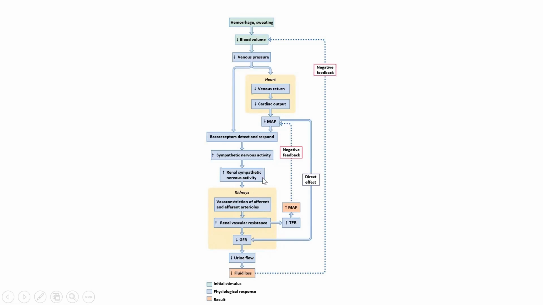So we're using the sympathetic nervous system, which would normally try to raise mean arterial pressure by sending sympathetic signals to all parts of the body, but specifically the signals that come to the kidneys cause vasoconstriction of our afferent and efferent arterioles, which cause increased vascular resistance in our kidney vasculature, right, the blood coming into the kidney, which will drop the GFR. Less blood can come in, so GFR goes down, less urine can be filtered, and less fluid can be lost, right? And that would correct our initial problem of having hemorrhage or increased blood volume loss.